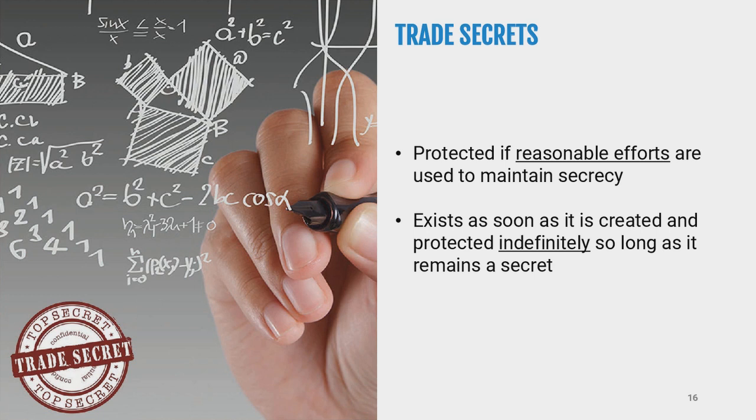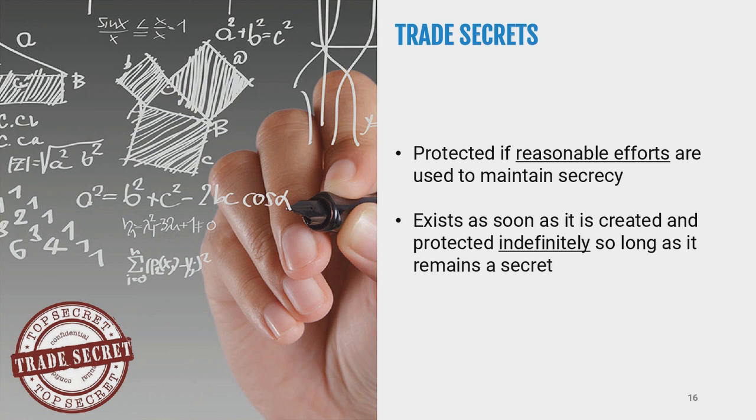Now, there's a general misconception about trade secrets. It's that if you don't patent something, it automatically becomes a trade secret, and this is completely 100% untrue, okay? In order for something to be a secret, in this definition, you must document what that secret is.